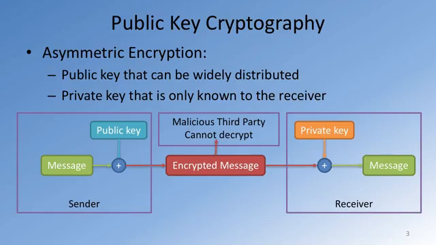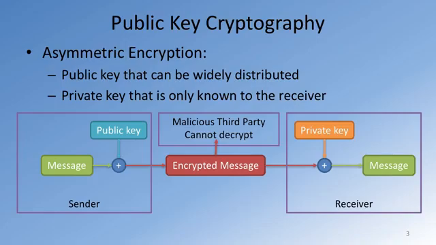So this is where another algorithm called public key cryptography is very useful. How does public key cryptography work? Now, in public key cryptography, the idea is that you have two different keys. You have a public key and a private key. The public key can be widely distributed to anyone that you want.